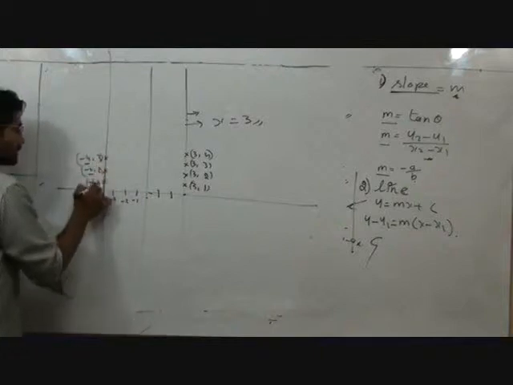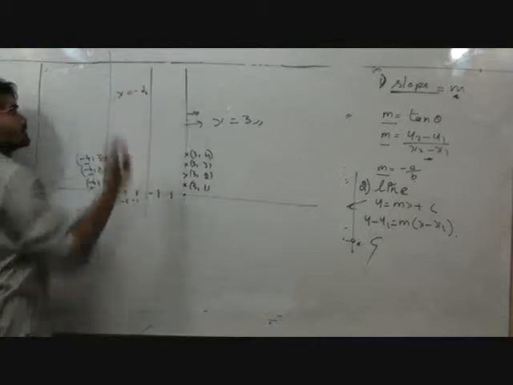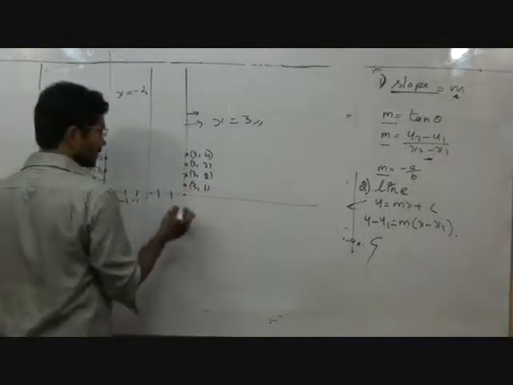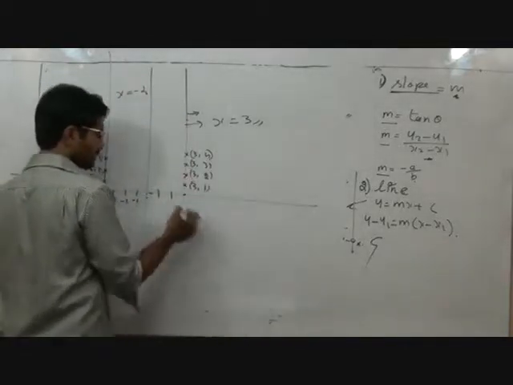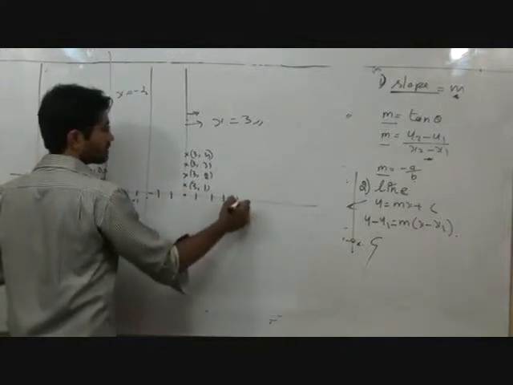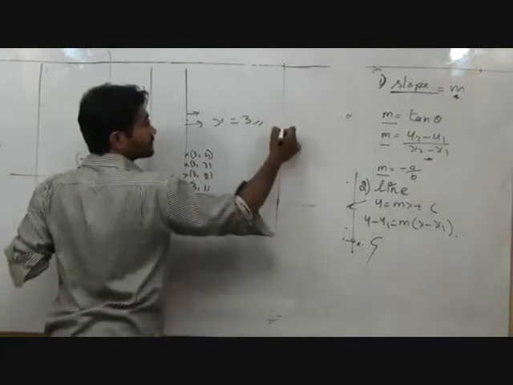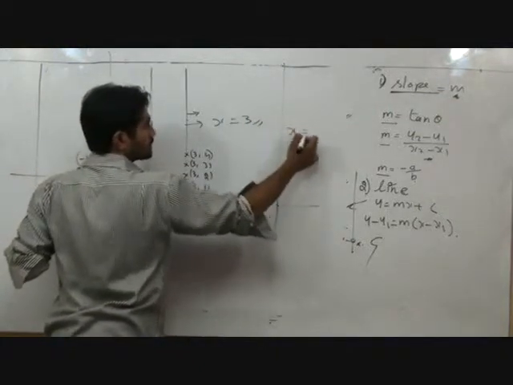So the value of x will never change. Then the equation of this line is x is equal to minus 4. How simple. Like this, I can write the equation of any line, like let us say 1, 2, 3, 4, 5, 6, 7, 8, 9, 10. So the equation of this line is x is always equal to 10.